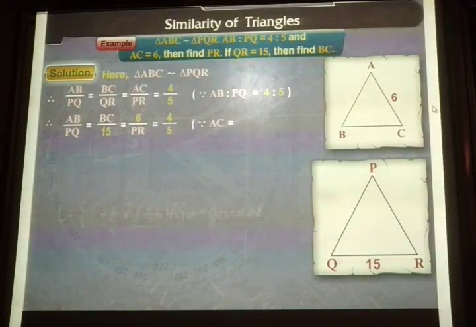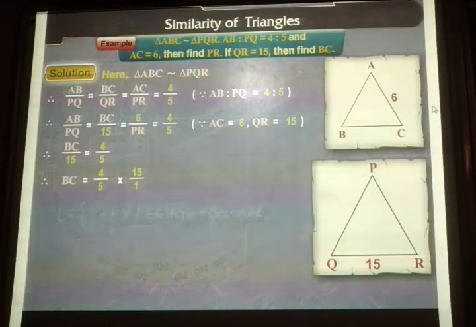Since AC is equal to 6 and QR is equal to 15, therefore, BC upon 15 is equal to 4 upon 5. Therefore, BC is equal to 4 upon 5 into 15 upon 1. Therefore, BC is equal to 12.